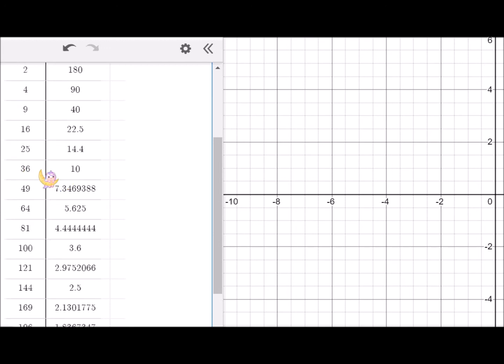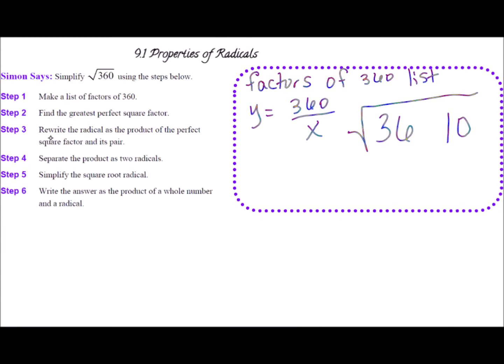So if we look here, it's going to be 36 and 10. Notice I'm ignoring all of the other values because they're decimals. We want 2 factors that are integers, whole numbers. There's no decimal or fraction to them. So I'm going to use 36 and 10. Step 3 says to rewrite the radical as a product of the perfect square. So here's my perfect square and its pair, which is 10.